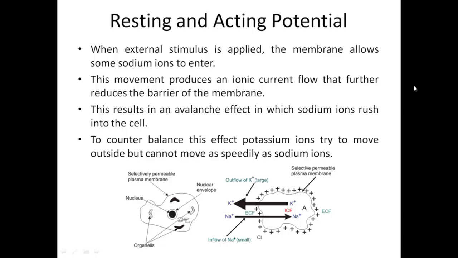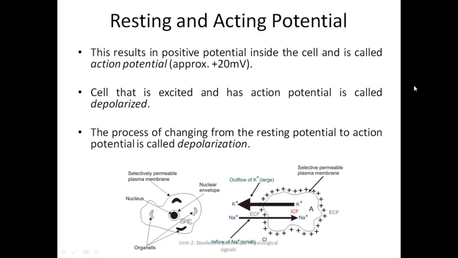If you apply a stimulus, the membrane behavior changes. It allows the sodium ions to enter, and once the ionic current starts flowing, the ions get energized, and there is an avalanche effect in which the sodium ions rush into the cell. Now when one type of positive ion is coming into the cell in large quantities, to balance that effect, the potassium ions start moving out. But the movement of potassium ions is not as fast as the sodium ions.